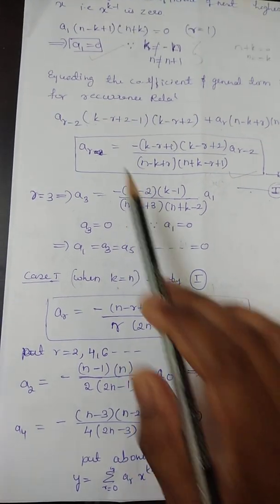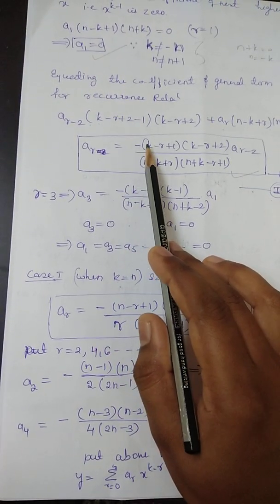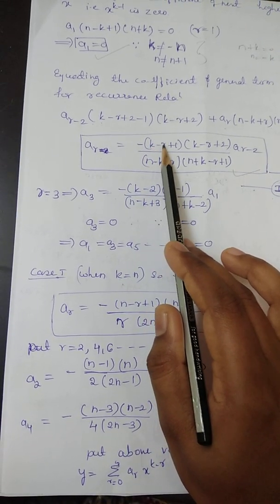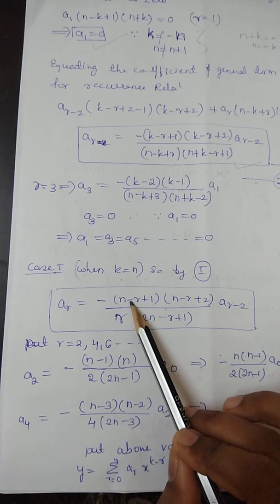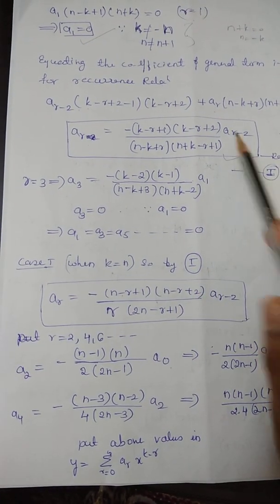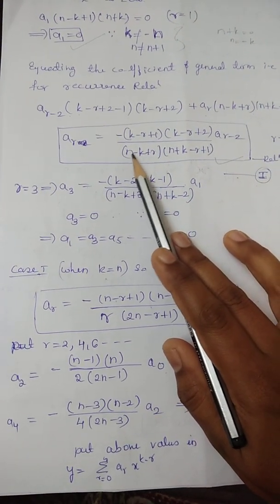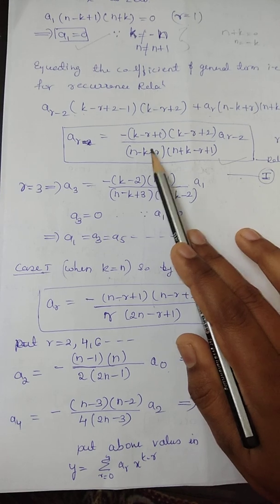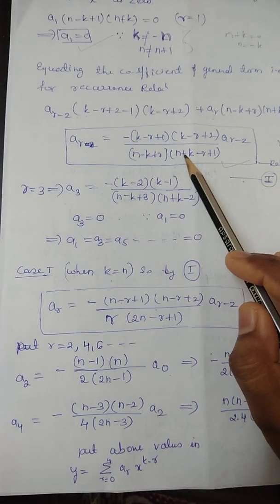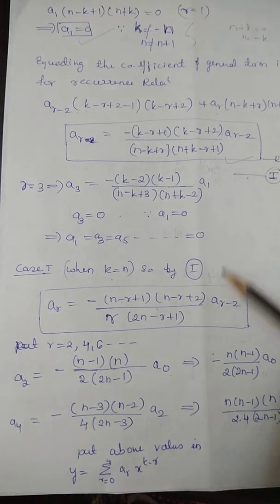Now in this recurrence formula ar is equal to minus of, we will put now in place of k, n minus r plus 1, again n minus r plus 2, and this is ar minus 2 as it is. Again n minus n plus r, so n gets cancelled, only r remaining. n plus n, 2n, minus r plus 1.